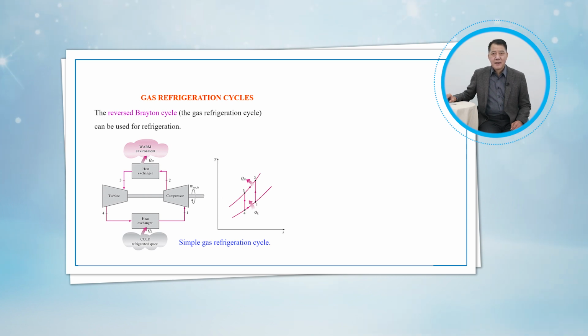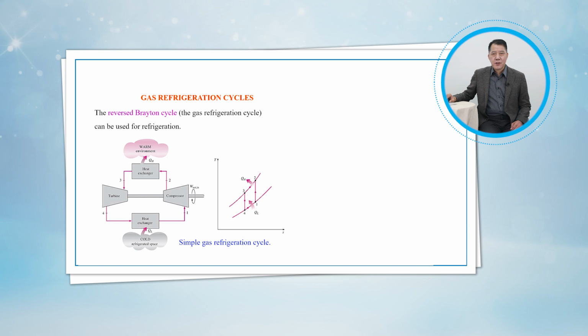Consider the gas refrigeration cycle shown in figures 12.3 and 12.4. The surroundings are at T0 and the refrigerated space is to be maintained at TL. The gas is compressed during process 1 to 2.